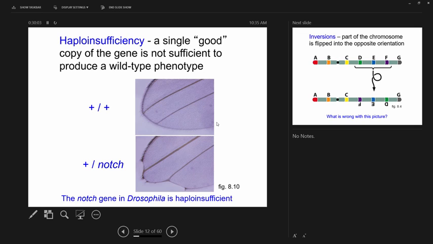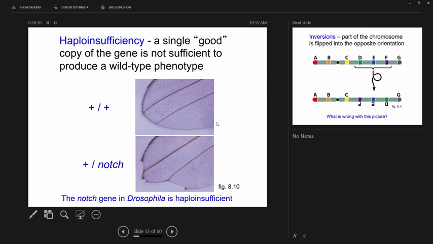And the Notch mutation is going to be dominant over wild type, so as long as you have one Notch, you're fine, but you could never get a Notch homozygote. If you cross two Notch flies, you could never get a true breeding Notch fly. All the babies would be two-thirds Notch and one-third wild type because Notch over Notch is dead. Exact same thing.